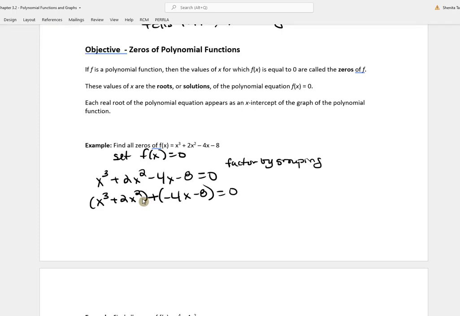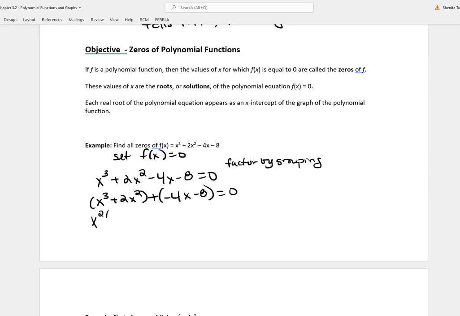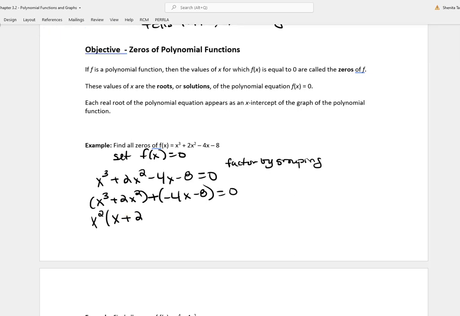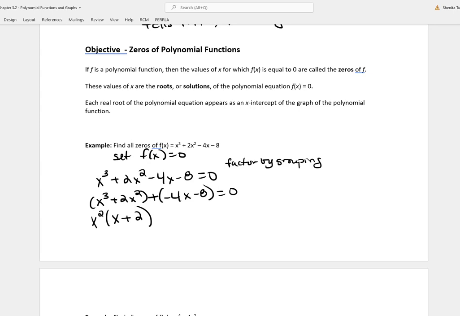There we go. All right. So in this first group, it looks like I can factor out an x squared. I'm left with x plus 2. In this second group, I can factor out a negative 4. I'm left with x plus 2.